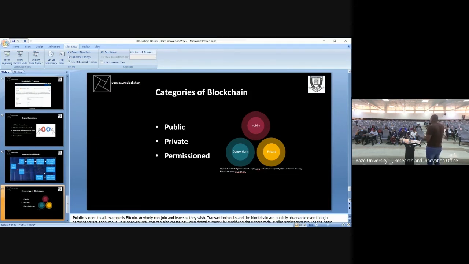So you can form a private blockchain whereby only participating members are involved, and it is not open to the public. And now we have the permissioned blockchain. In the permissioned one, you need to be invited to use the blockchain. One good example is a supply chain that's involved. Let's say pharmaceutical companies might have a permissioned blockchain, for instance. You have to be invited to use it.